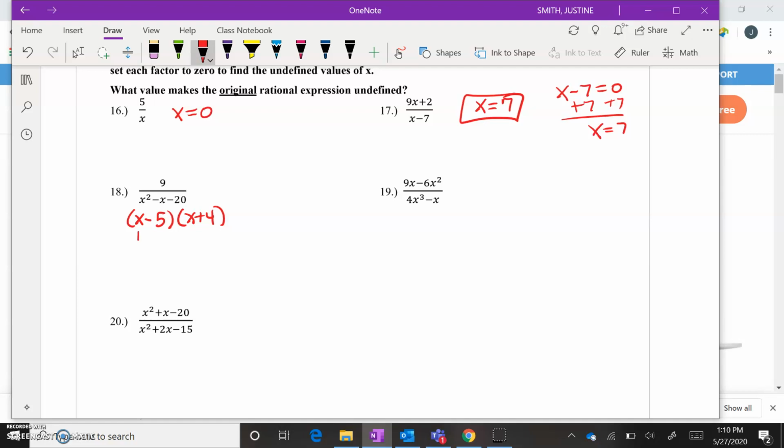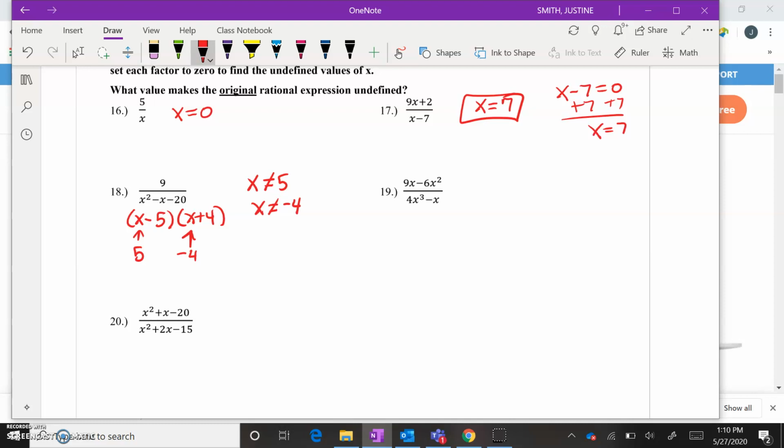I know that if x is equal to 5, I get a 0 on the bottom. If x is equal to -4, I would get a 0 on the bottom. Okay, and sometimes you might see this as x cannot be 5, x cannot be -4. Okay, so either way is fine: you can write that x equals 5 makes it undefined, or you can write that it cannot be 5, it cannot be -4.